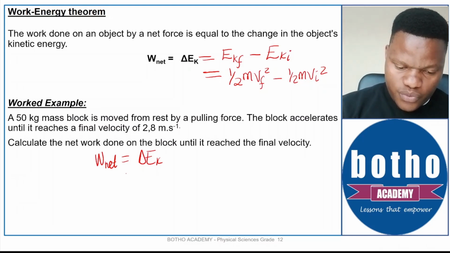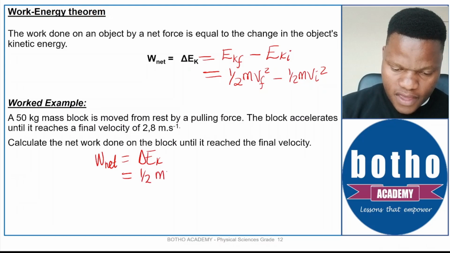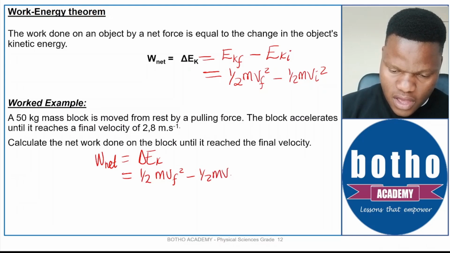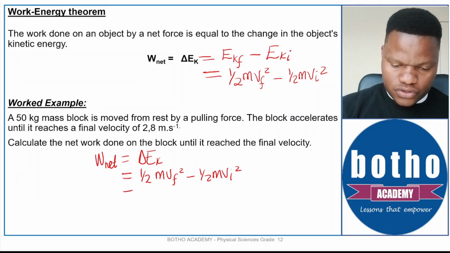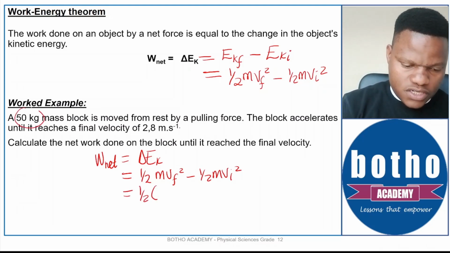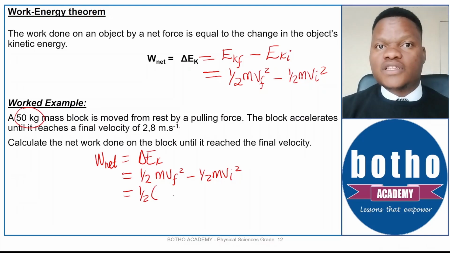Okay, so when we simplify, this is equal to half m vf squared minus half m vi squared. Okay, we then go and substitute. In our substitution, this would be 1 over 2 into the mass, which has been given to us as 50 kilograms from the statement there.